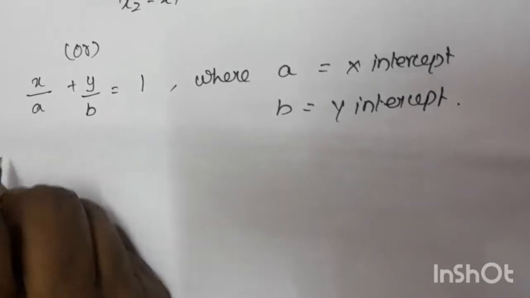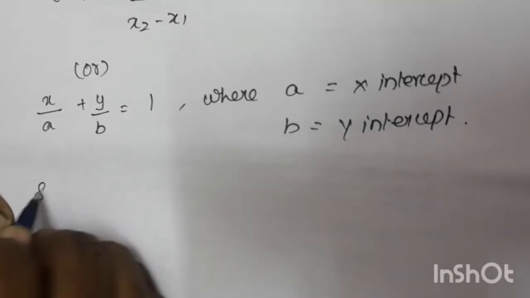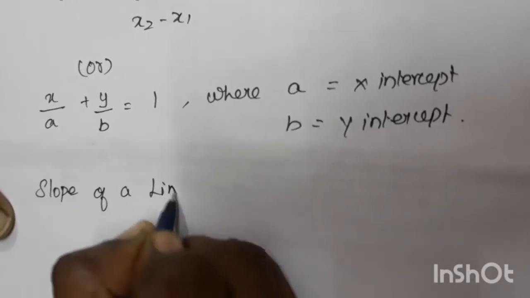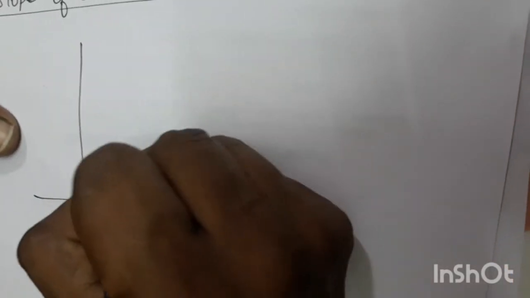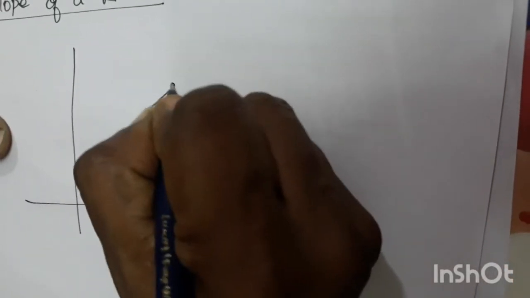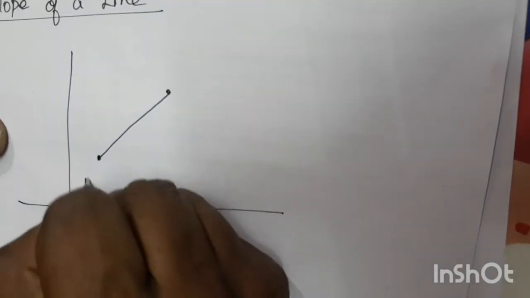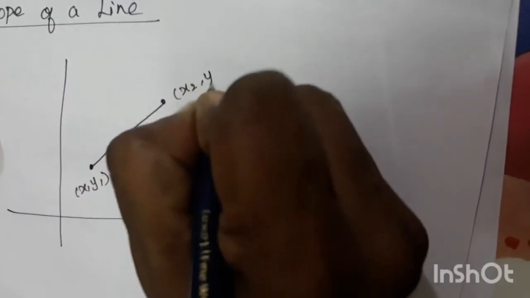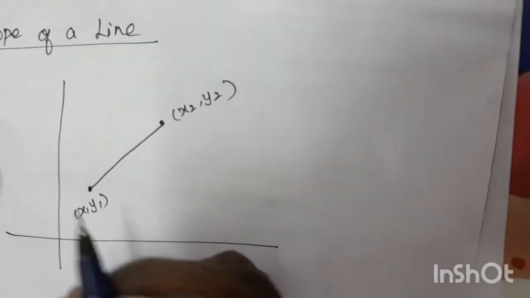Okay, now we'll see the slope of a line. Let us consider a line segment here. So here it is called x1 y1 and it is called x2 y2.